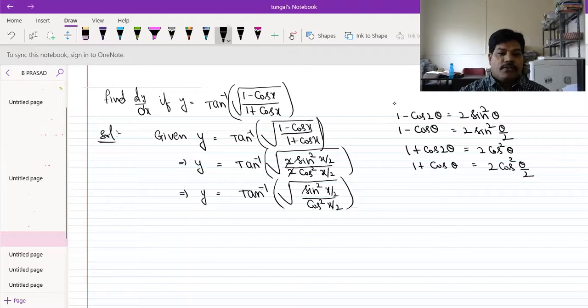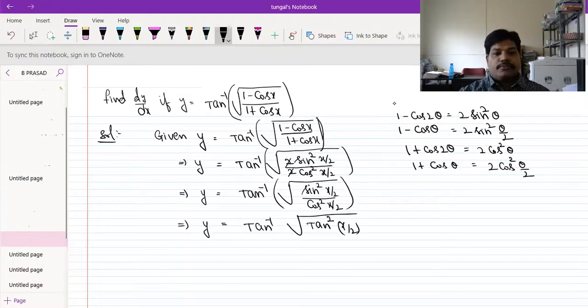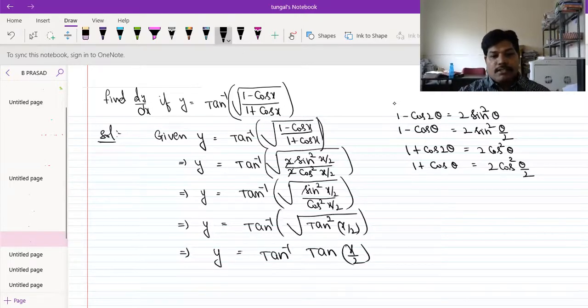So then what happens, students, here? y is equal to tan inverse of square root of sin square x by 2 by cos square x by 2. It will become tan square x by 2. So here we can take y is equal to tan inverse of tan x by 2.